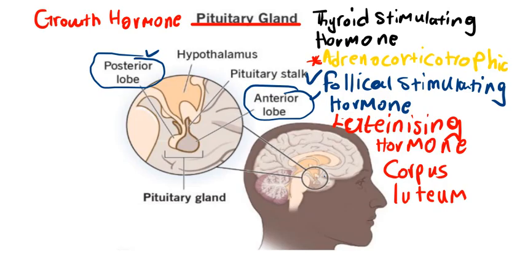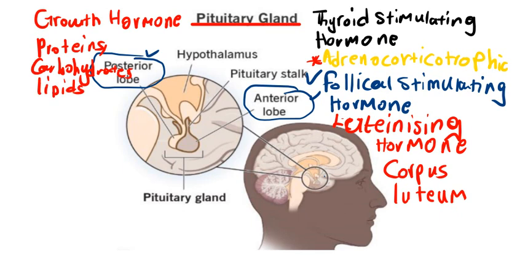Now, these macromolecules that we are talking about are proteins, carbohydrates, and then we have the lipids also. So in order for someone to grow, there's a need of synthesis of these proteins, which play a vital role in the growth of a particular organism.